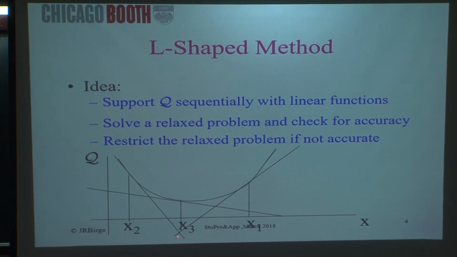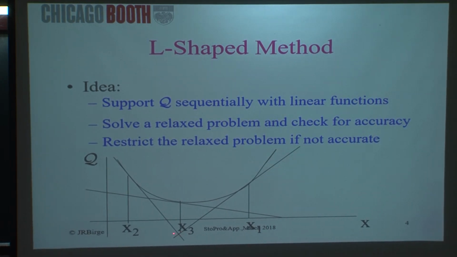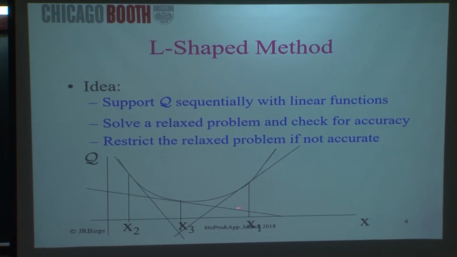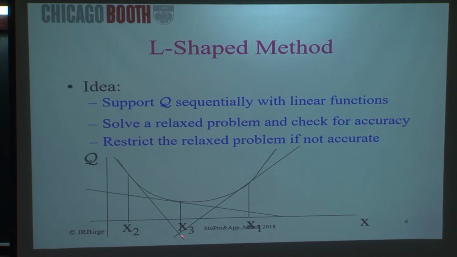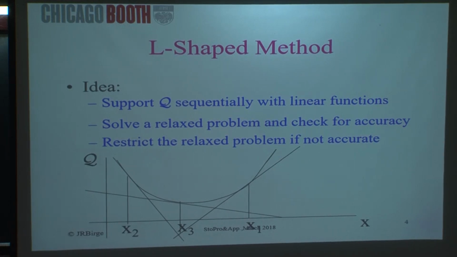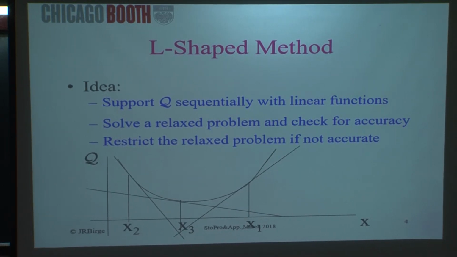Now I might optimize over that, and maybe I get x3 down here, and then I'll go up, get another support, and then optimize over that. So the algorithm successively puts on these linear supports and builds a tighter and tighter approximation of the original function.